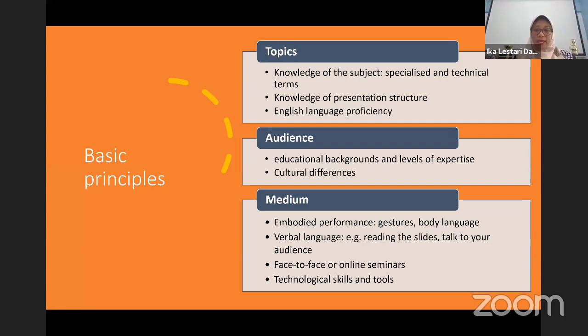When you speak like now, for example, I need to be aware that the audience has various cultural backgrounds, not only Sundanese, where I'm from, because I know that many of you come from different parts of Indonesia.